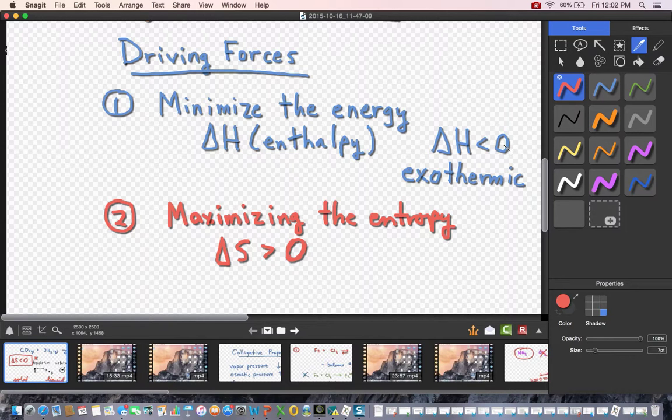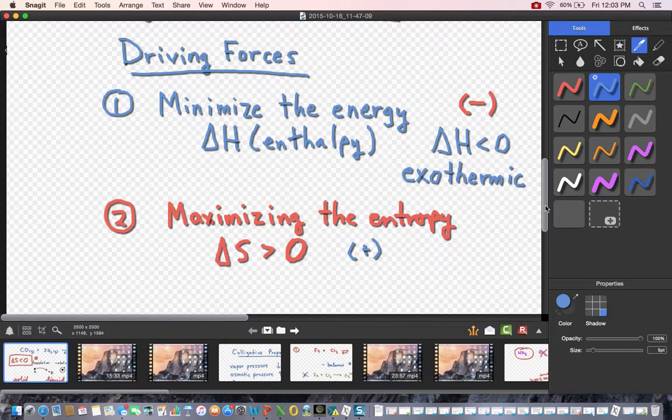So when delta H is negative and when delta S is positive, we say that both driving forces for a chemical reaction are present.